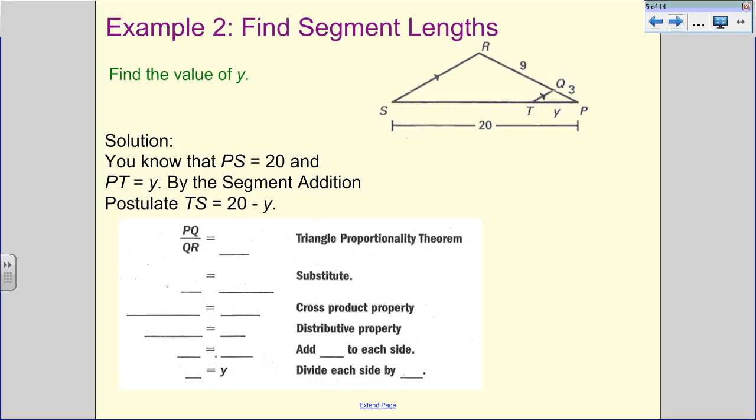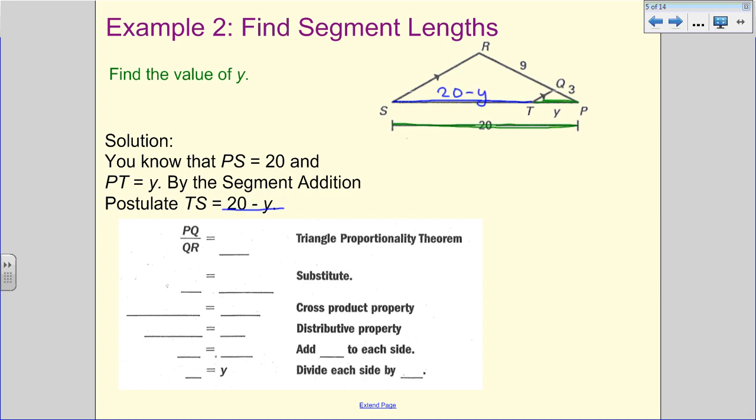All right, so let's take a look at what we have in example 2. We're finding the segment lengths. So we want to find the value of Y. We're finding another segment. If PS, the entire segment, is 20, and just the top segment is Y, we know that the bottom segment here is going to be the whole minus the part.